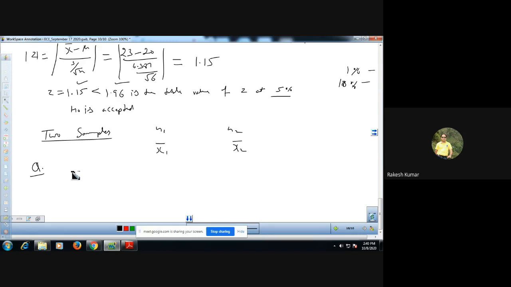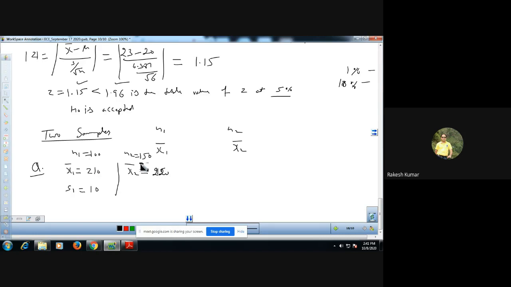The average income of persons was 210, the average of the first sample, and the sample standard deviation is 10. A second sample has been taken, and the average income of the second sample in the city is 220, and this is the sample of 150, and the first sample will be of 100.